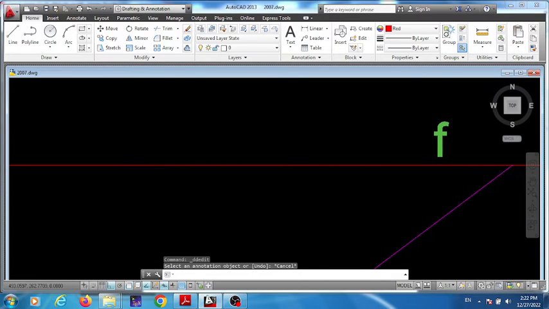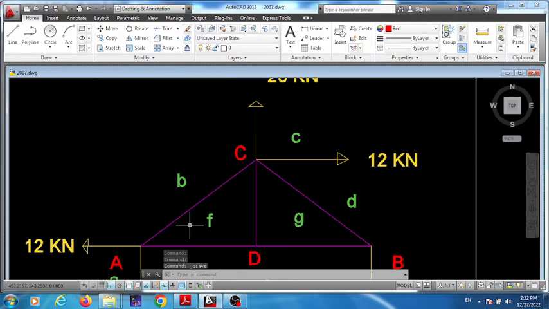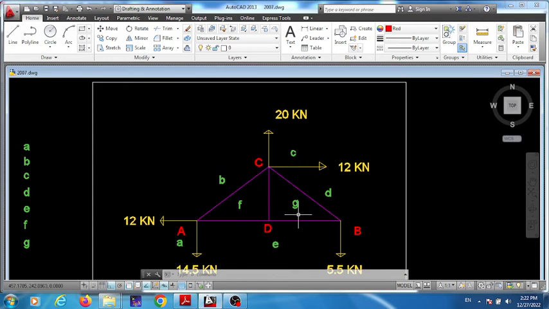Right, now if you see, there is another line EG.